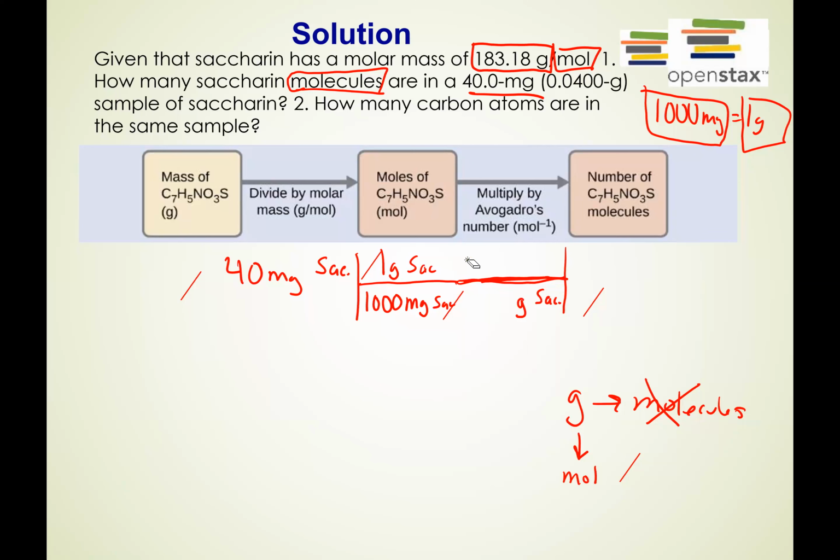I'll just move it over a little bit. 183.18 grams over 1 mole of saccharin. Okay, how are we feeling about that conversion? Okay, a little bit. So this is just a metric conversion.